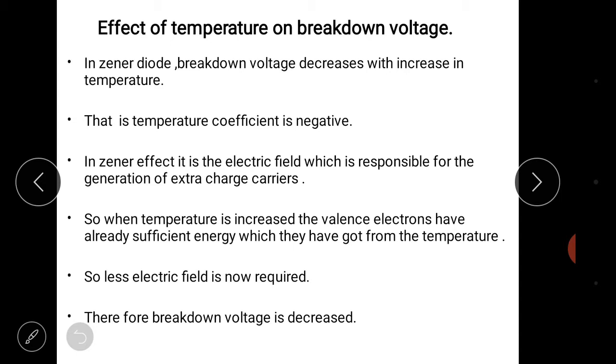In Zener effect, it is the electric field which is responsible for the generation of extra charge carriers that we have studied already. So when temperature is increased, the valence electrons already have sufficient energy from the temperature. So in this case, less electric field is required. Therefore, breakdown voltage is decreased.